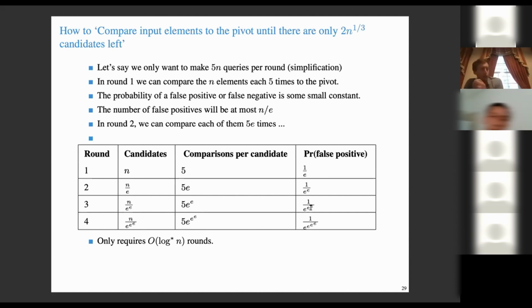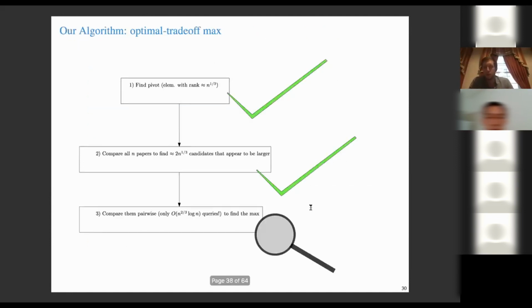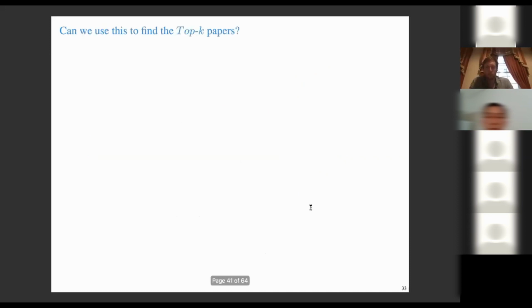Design an adversary that just tells you wrong values of papers. And you can show that if you only invested, let's say, X many queries, then you'll have Y many papers that look all the same to you. And using this argument, you can then show that it just takes log star n rounds. Okay, thanks. You're welcome.